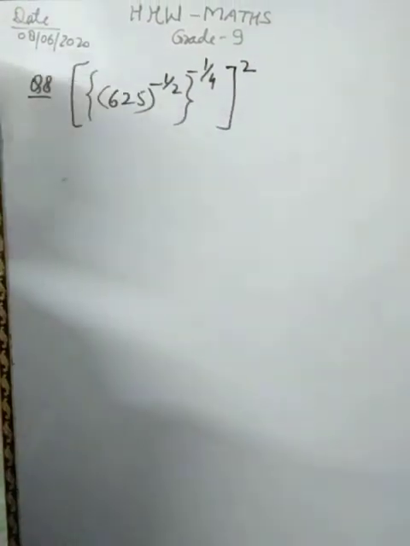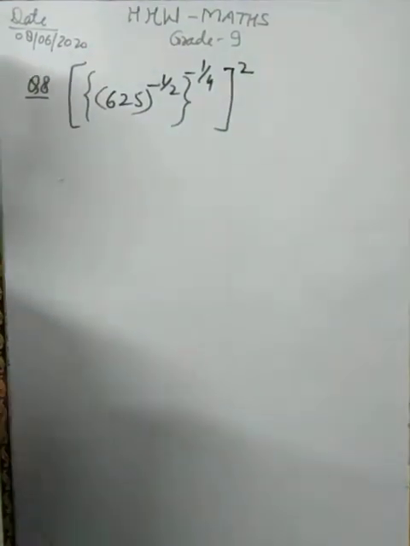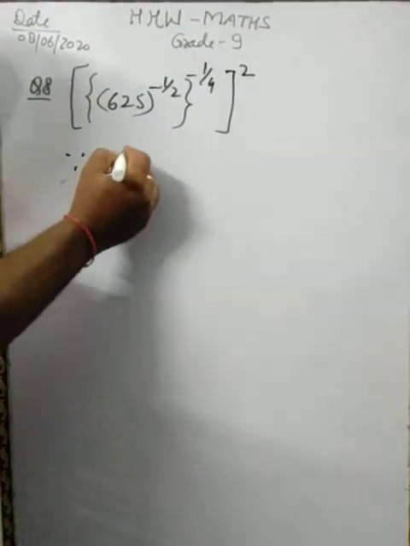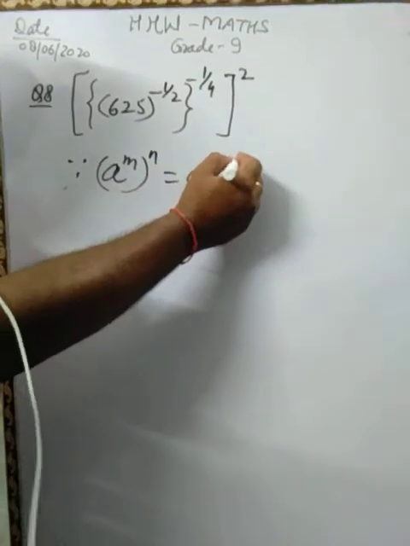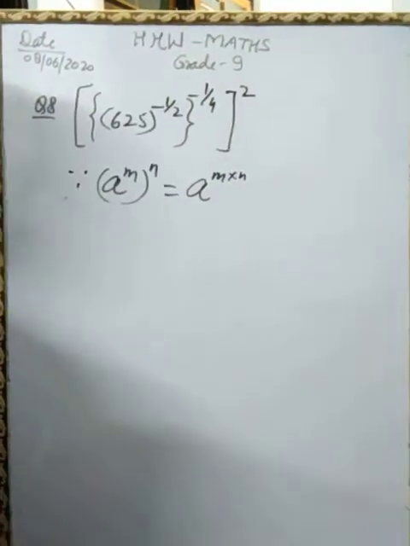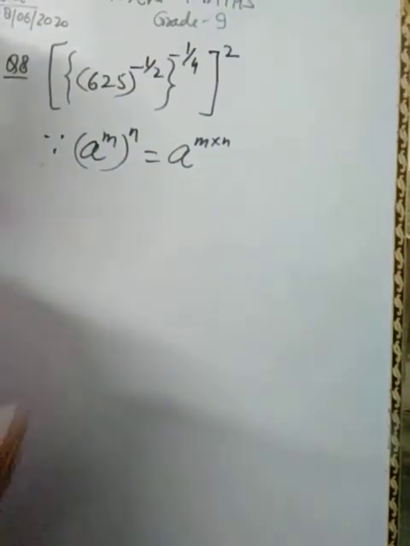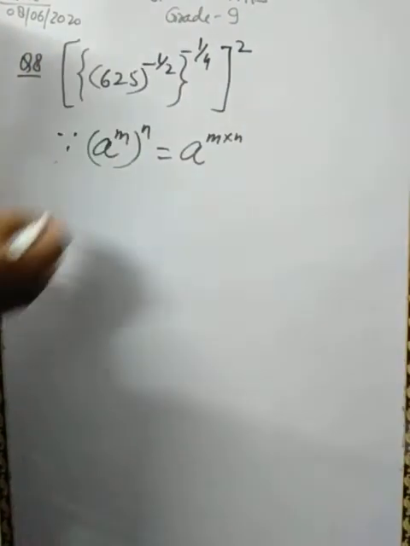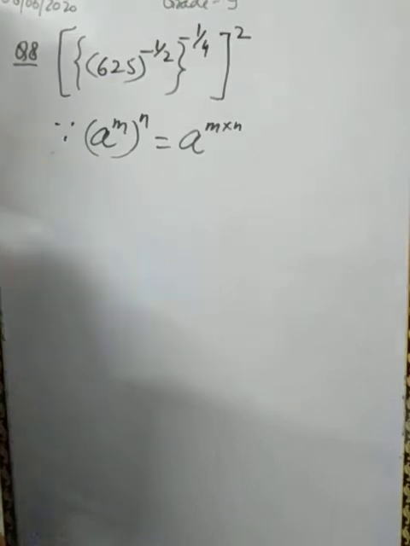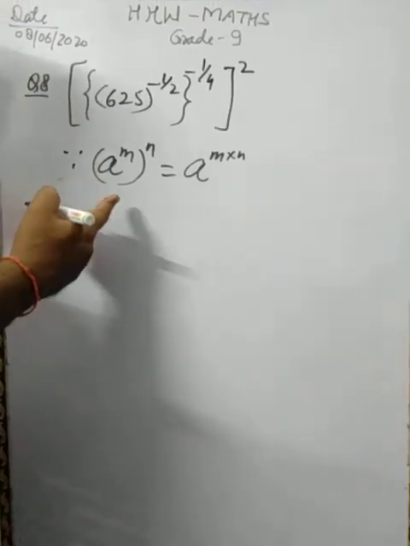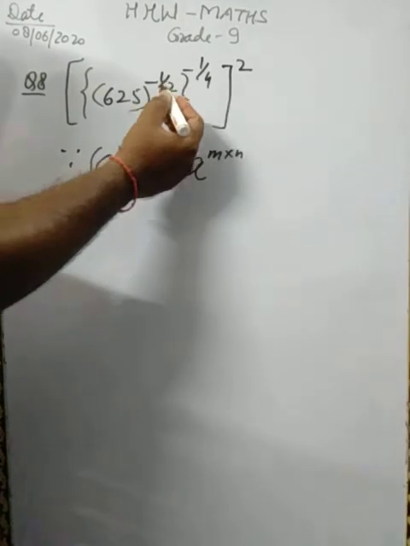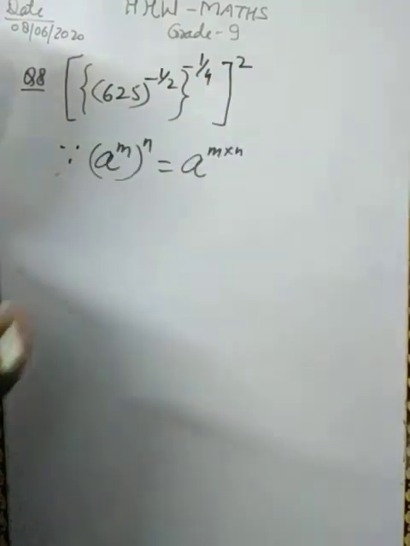We will reduce, as you know dear, since a to the power m raised to the power n equals to a to the power m into n. Either it is once or twice or thrice. So we will apply the same formula. So using this rule, we will multiply this into this into this.